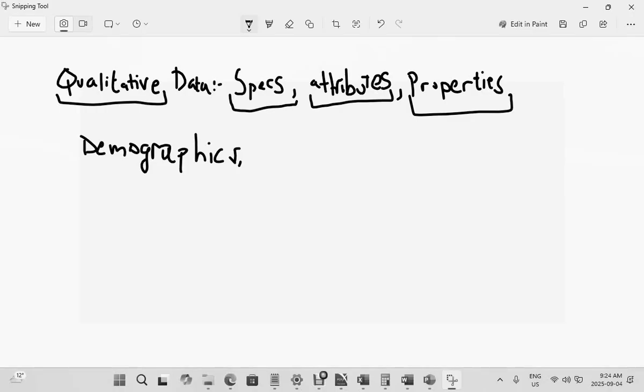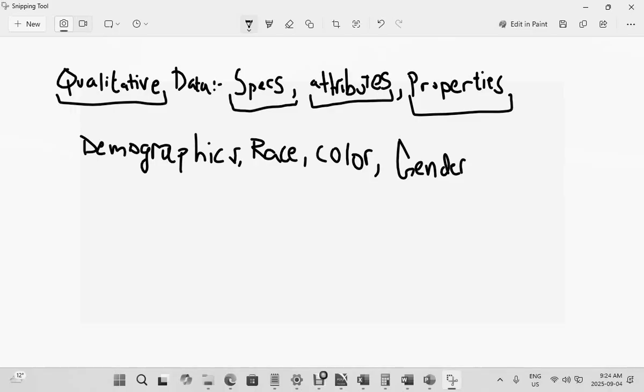It has to do with race, color, and gender. So these are examples of qualitative data, which has to do with things like attributes, specifications, or properties.